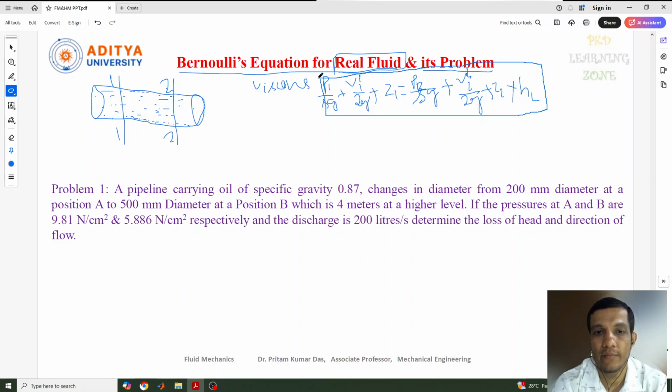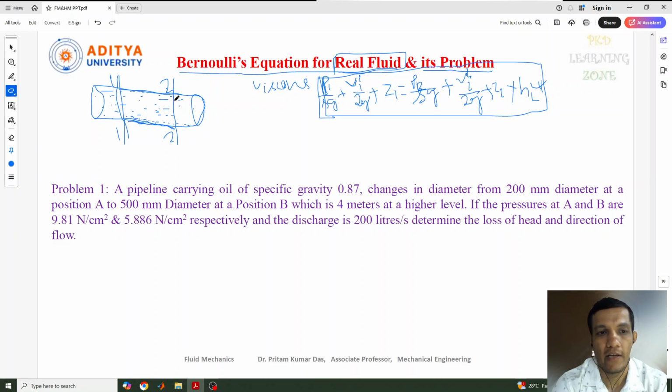The remaining terms are as usual: this is the pressure head, this is the velocity head, this is the potential head. These three terms are at layer 1, and similarly at layer 2 again pressure head, velocity head and potential head. When the flow goes between these two layers, some energy is lost, and that is indicated by HL.